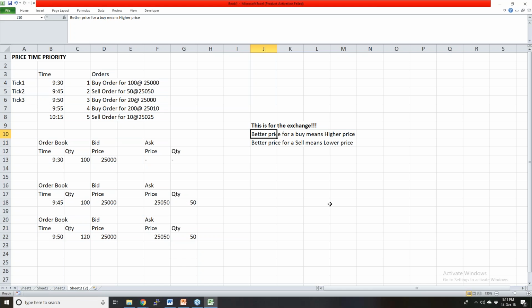Yes, so the lowest price seller will get matched with the highest price buyer. So if this was trader 1, this was trader 2, this was trader 3, this was trader 4, and this was trader 5.